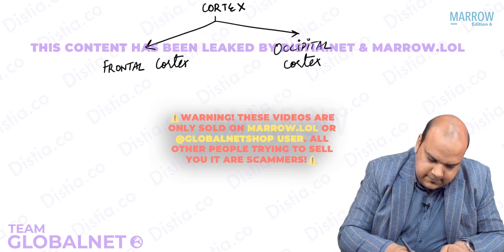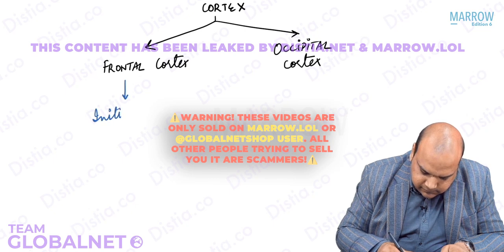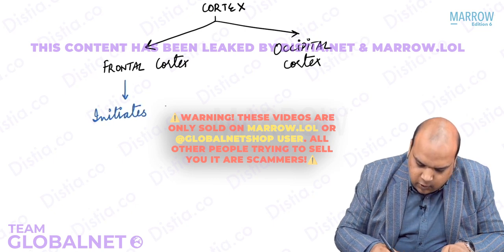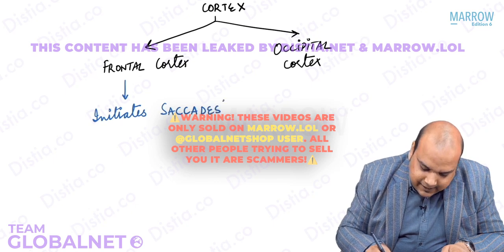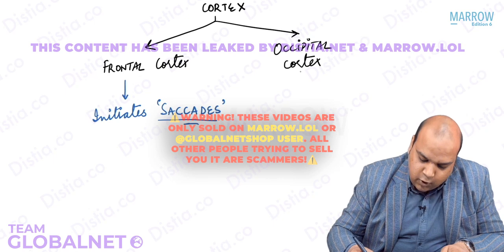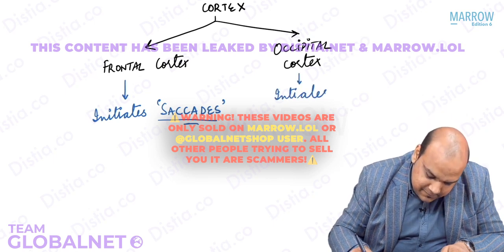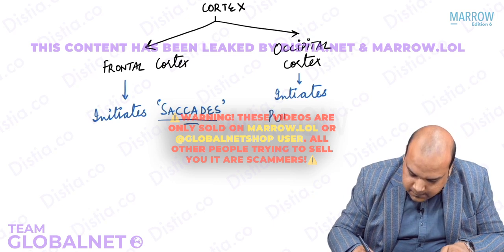Frontal cortex helps in the initiation of movements called saccades, whereas occipital cortex initiates what, guys? Pursuits.